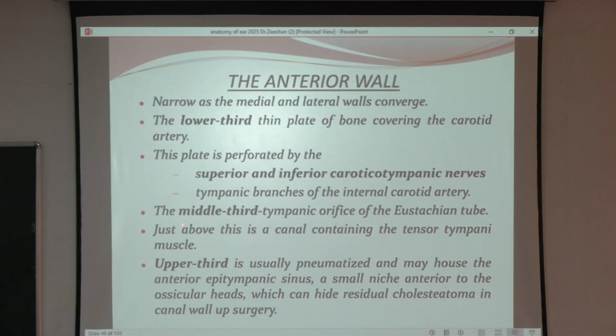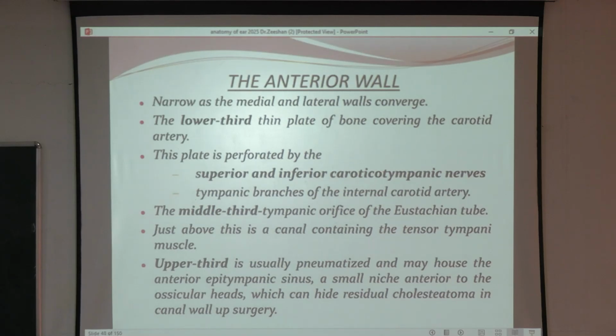The middle third has the tympanic orifice of the Eustachian tube. So the lower part is near the carotid artery, the middle part has an opening for the Eustachian tube, and the superior part is usually pneumatized and may house the anterior epitympanic sinus, a small niche anterior to the ossicular heads which can hide residual cholesteatoma in canal wall surgeries.